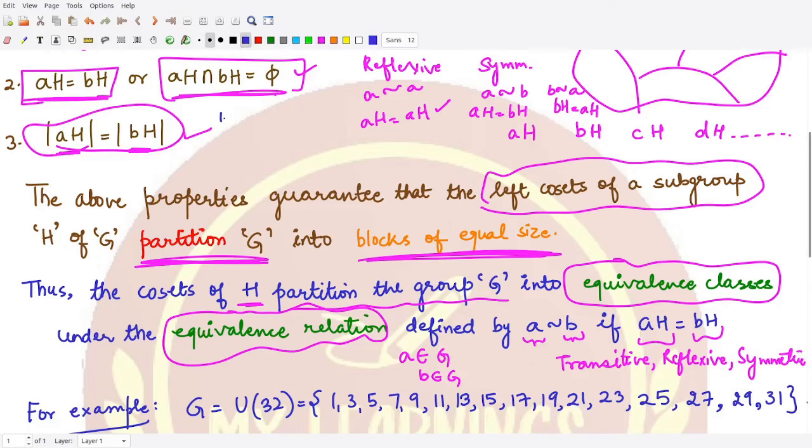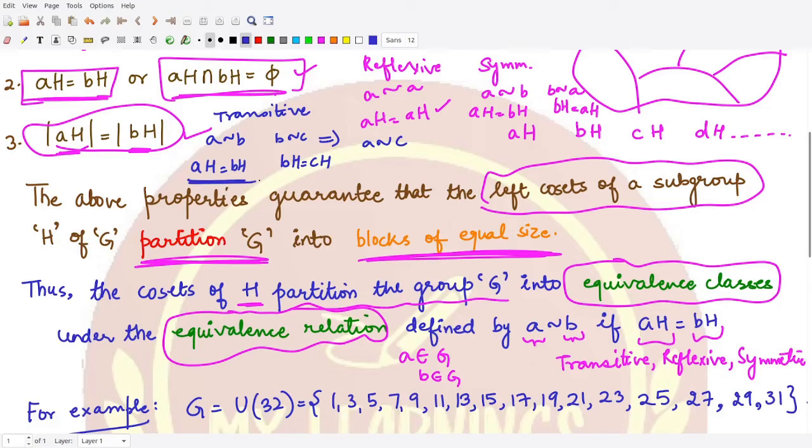And for the third property, which is transitive, what does it mean? It means that if A is related to B and B is related to C, this would imply A is also related to C. So for the first, we are assuming A is related to B, so AH would be equal to BH, right? And B is related to C, which means BH is also equal to CH by our definition.